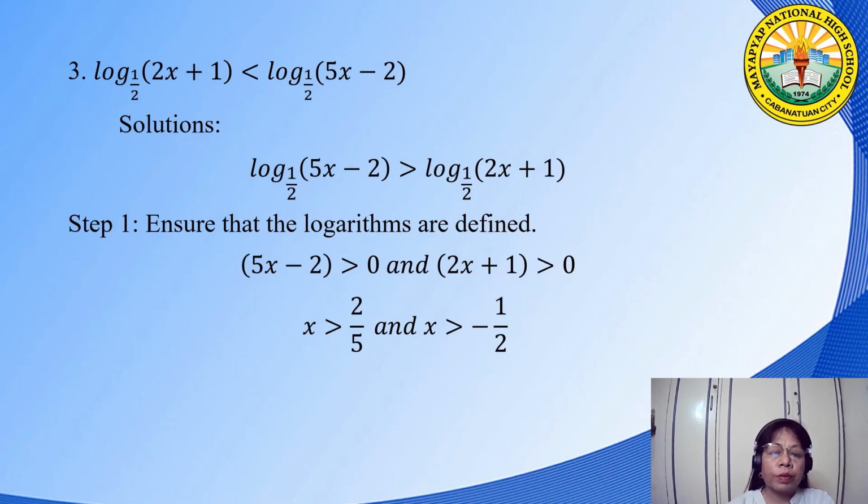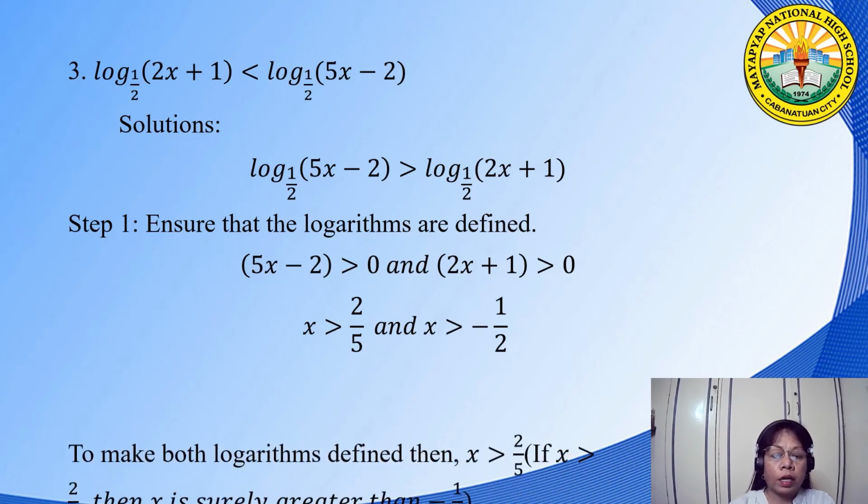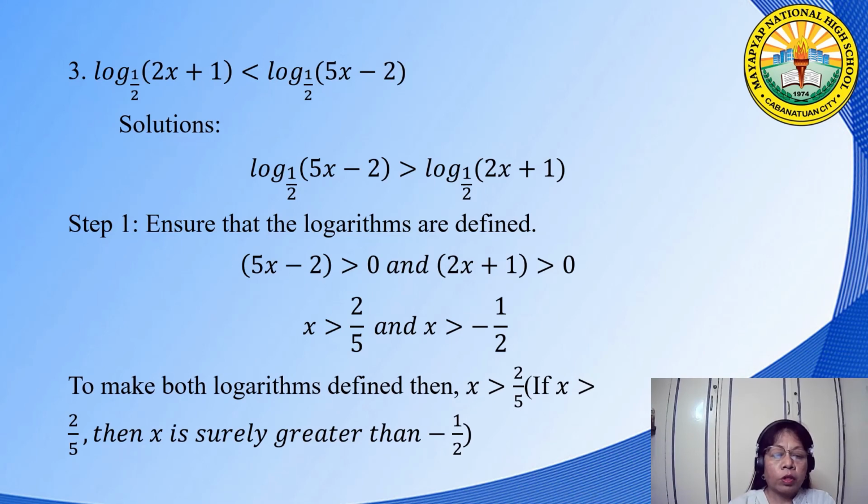To solve for the value of x, for 5x minus 2 greater than 0, x is greater than 2/5. And for 2x plus 1 greater than 0, x is greater than negative 1/2. To make both logarithms defined, x is greater than 2/5. If x is greater than 2/5, then x is surely greater than negative 1/2.